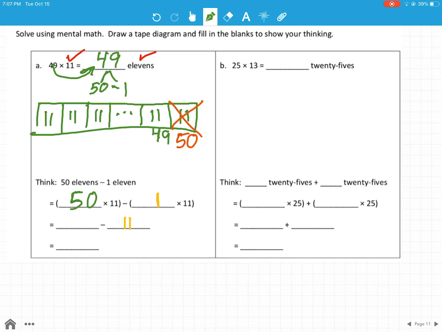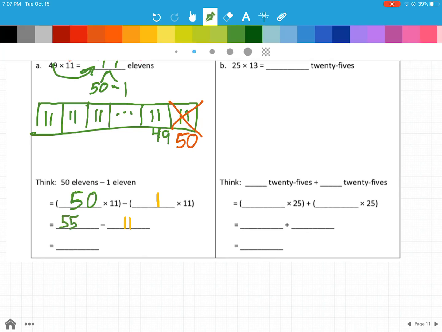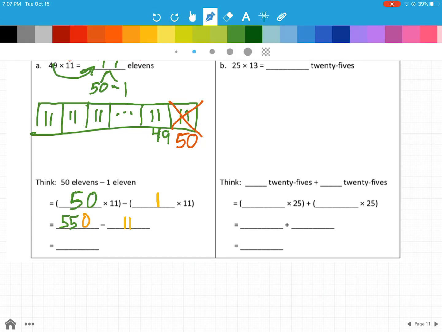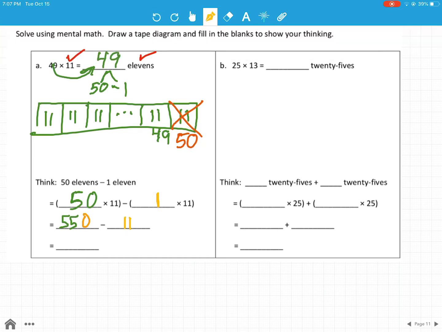And 50 times 11 would be 55 with a 0 behind it. 5 times 11 is 55, and we put a 0 behind it. Now we just have to add up the two numbers, or subtract. My mistake. So we're going to subtract the 11.